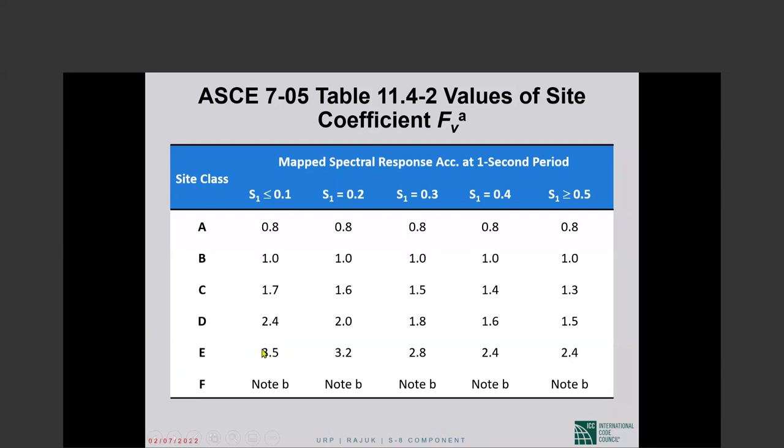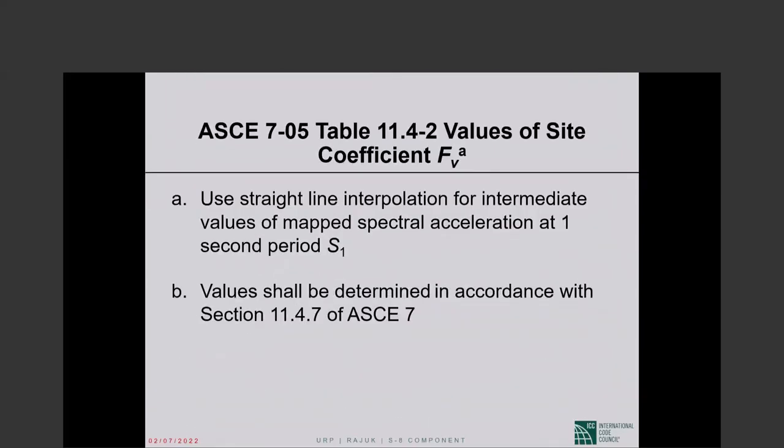This is 3.5. But on the same soft soil, if the ground motion is strong, as would be the case in high seismic areas, then the amplification is lower. Okay? So lower intensity ground motion would be amplified to a higher extent by overlying softer soils, but high intensity ground motion would not be amplified to the same extent. This tends to be quite important.